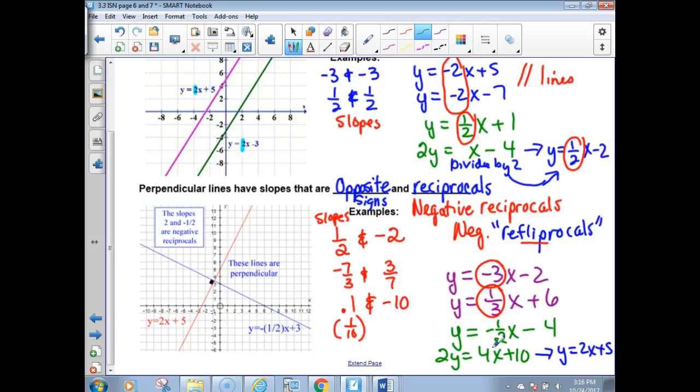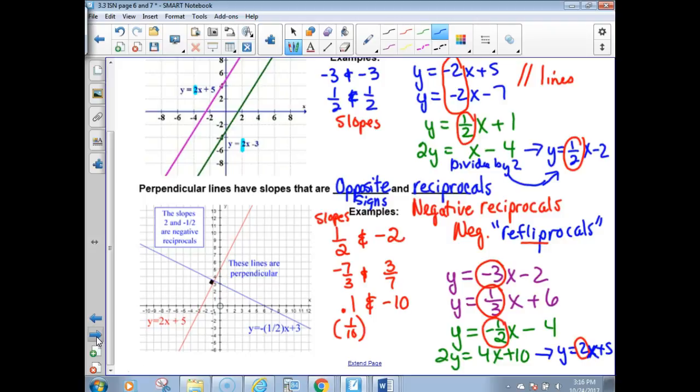Okay, now if I have this equation, now if I divide it by 2, it would be y equals 2x plus 5. -1/2 and 2 are negative reciprocals. All right, so those are good examples for your tests on Tuesday and for your quiz on Thursday.